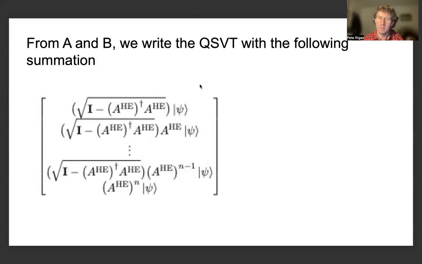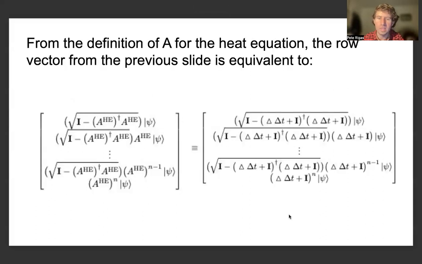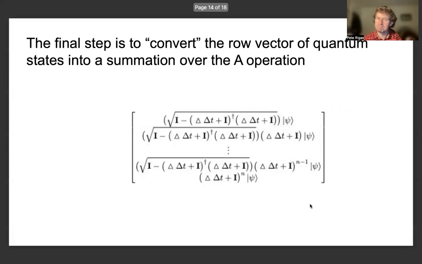And from A and B, we can write the QSVT with the following summation. So we're just replacing all of the values of A with the value of the A operator that we obtained for the heat equation. And then we can express this summation by substituting A of HE, namely the operator for A that we obtained from the heat equation, into each one of the quantities that appears in each one of the entries for the solution state for the partial differential equation that we want to solve with the QSVT, in each one of the entries of the row vector.